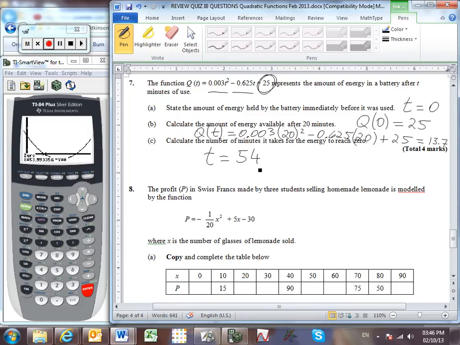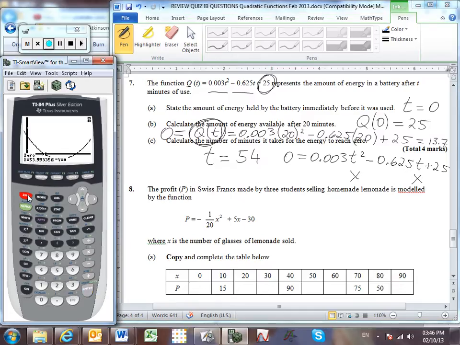Another way you could have done this problem is to think, okay, if my energy is becoming 0, we're now dealing with the equation 0 equals 0.003 times 20 squared. Oh, sorry, it's not a 20 anymore, is it? We're now dealing back with our t. So 0.003t squared, we're going to substitute that with an x in a minute, minus 0.625t plus 25. Remember that t will be changed for an x. I could put this into PolySimlt.